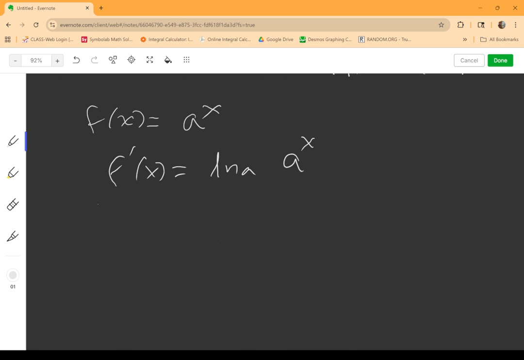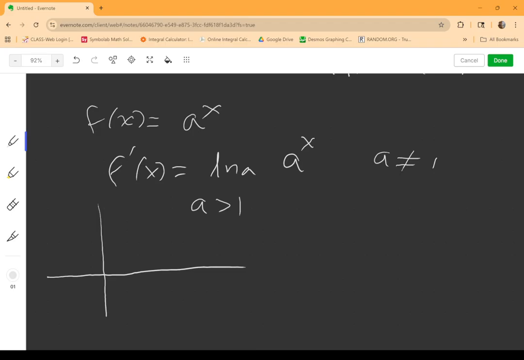Now, here, if a is bigger than 1, and again, as always here, we make the indication that a is not 1, because that is really just a constant function 1, which we have already rules and properties for. So a does not equal 1.